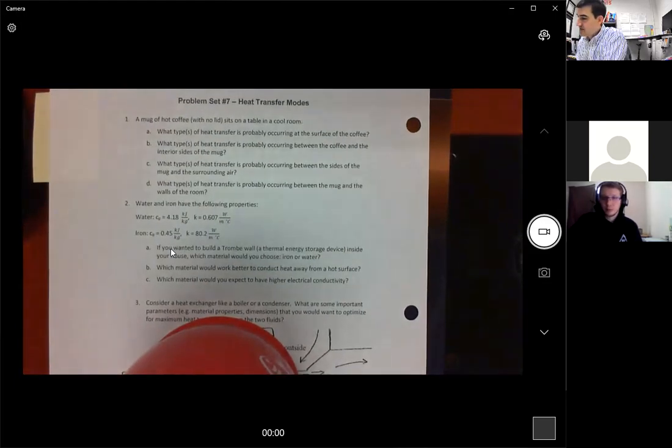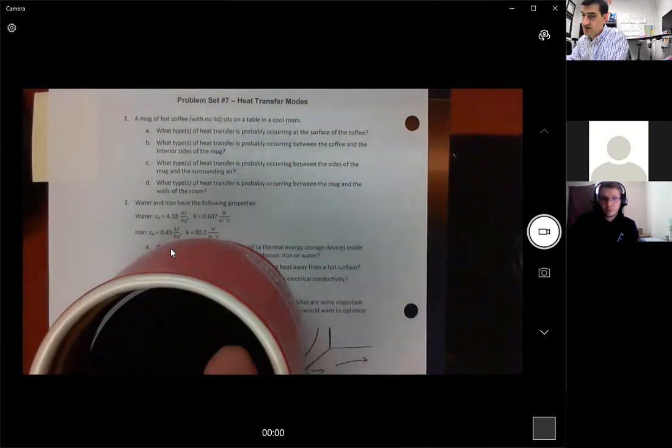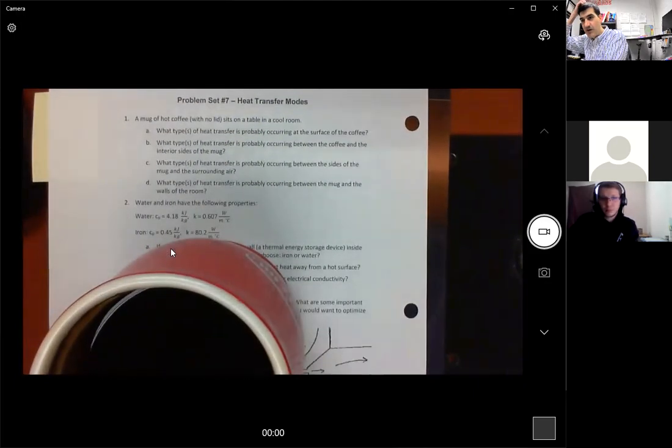Part B, what type of heat transfer is probably occurring between the coffee itself and the interior sides of the mug? Well, that kind of depends on if it's just sitting there or if I'm stirring it, or if there is maybe some natural convection inside the coffee itself, because it's a liquid and it's transferring heat to the walls, probably via natural convection.